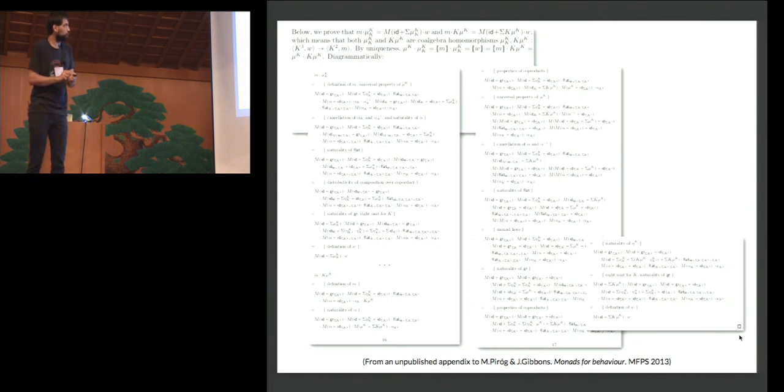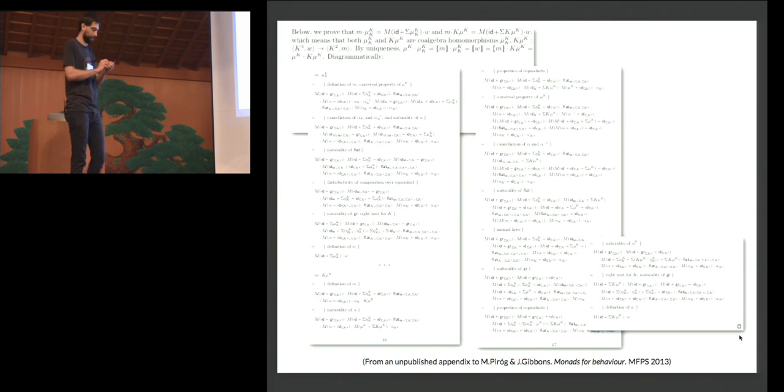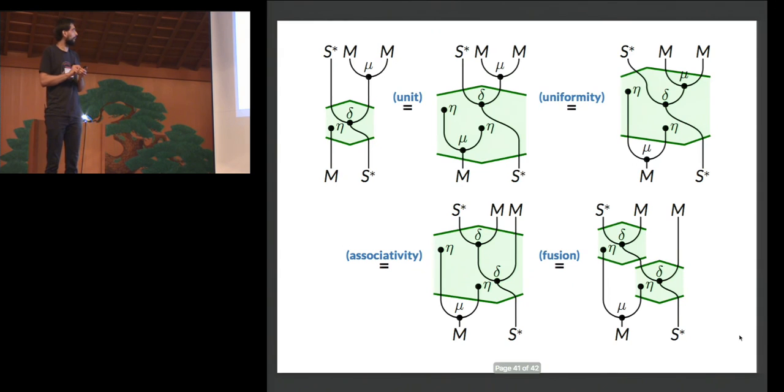So remember this proof, and using these properties and one or two additional lemmas, this proof looks more or less like this, right? It boils down to four equalities plus an additional lemma.